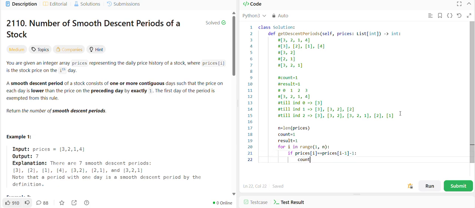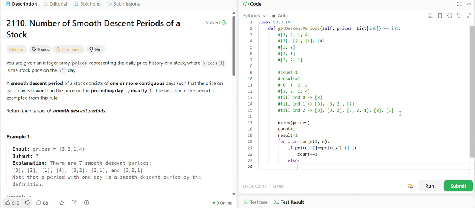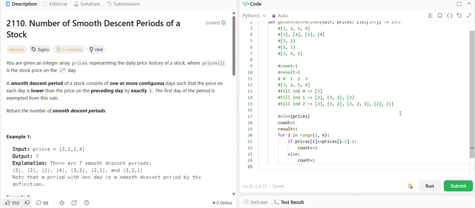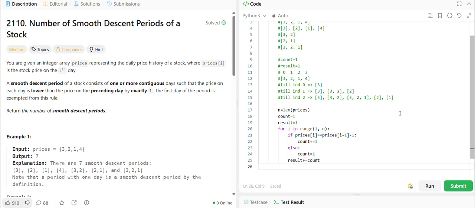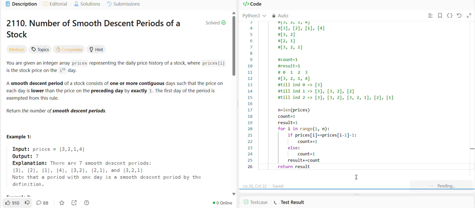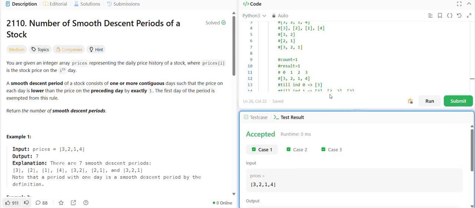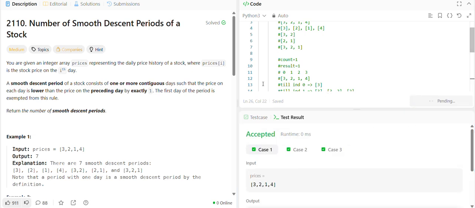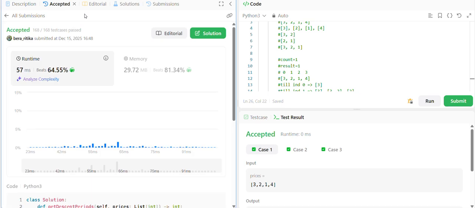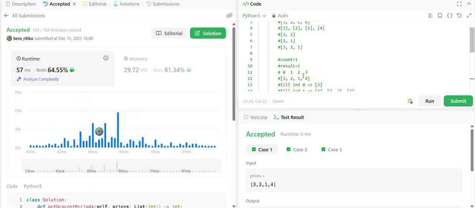And we will increase the count every time it satisfies the condition. Otherwise, the count will reset to 1. And for every iteration, we will add the count to our result. And finally, we will return the result. Now let's check and run our code. Okay, now submit. Okay, so our code is working well, and that is the complete solution.